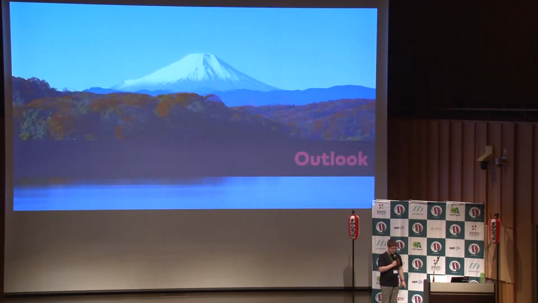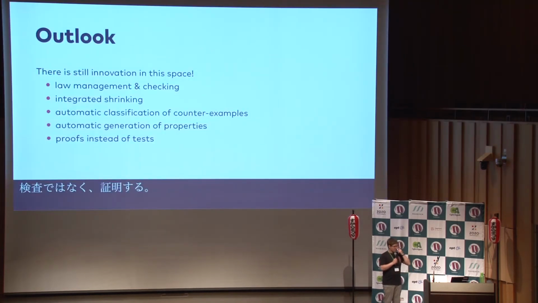Okay, finally, I would like to give an outlook into what other features are out there for property testing, because this is still a space of tools that is heavily innovated in. So there's still a lot of development going on there, and there's new things being published about this. So, for example, one thing that's a little bit older already is law management and checking.